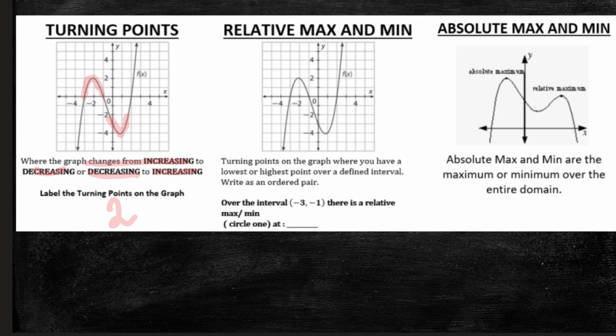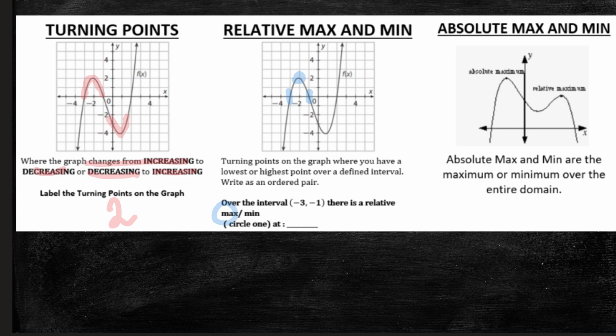Okay? Then we talk about relative max and min. So we've talked about max and min before. A turning point on the graph can have a lowest or a highest point over a defined interval. You're going to write it as an ordered pair. So over the interval -3 to -1, there is a relative maximum right here.